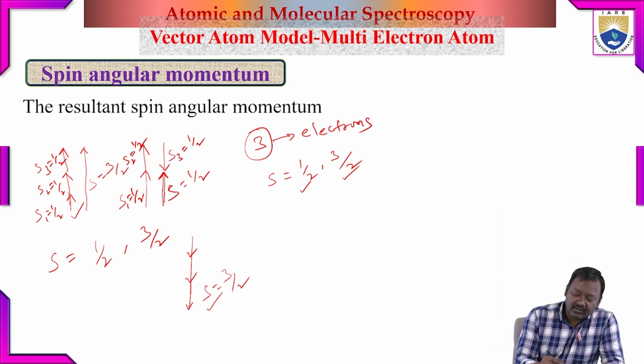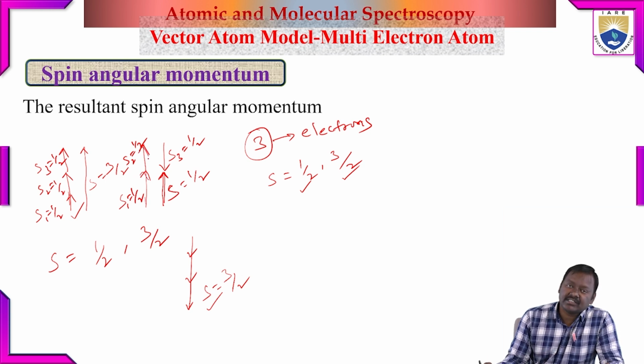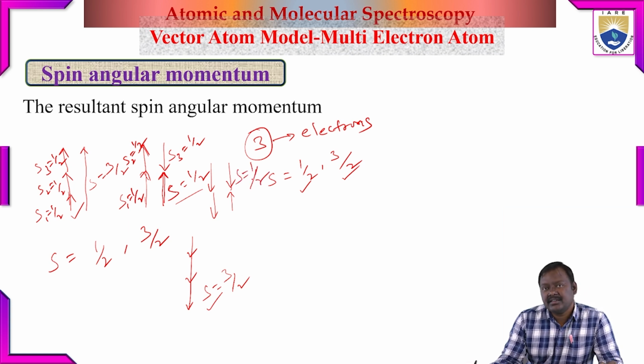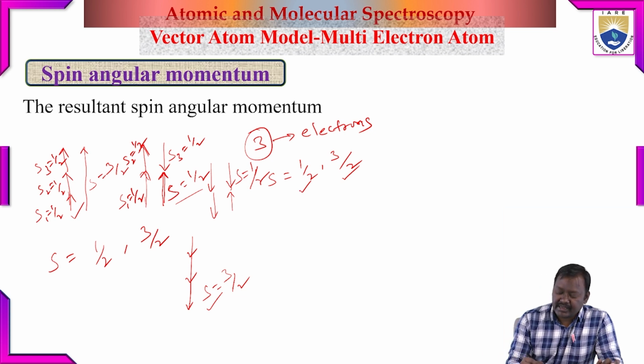But when 2 electrons are in the same direction and the remaining 1 electron is in the opposite direction, the total spin quantum number is equal to 1 by 2. Even if 2 electrons are in the down direction, opposite to the up direction, the total spin quantum number is equal to 1 by 2. So when there are 3 electrons, the total spin quantum number can have two possible values, either 1 by 2 or 3 by 2.